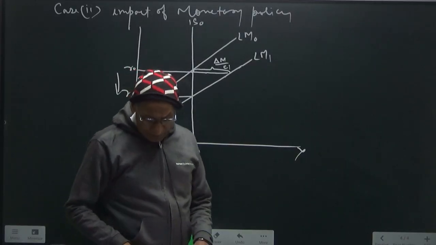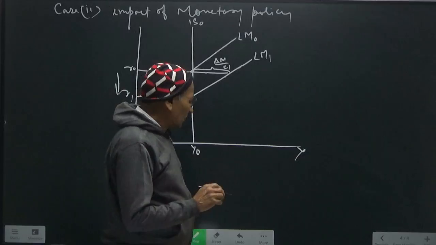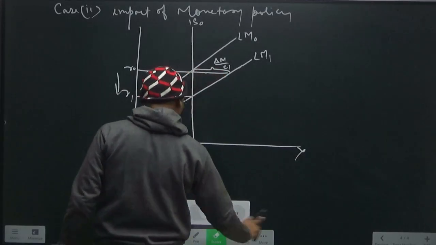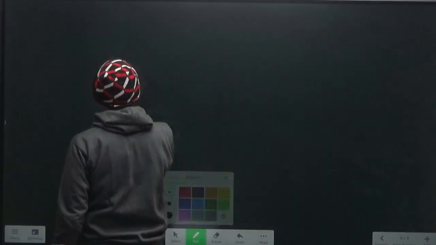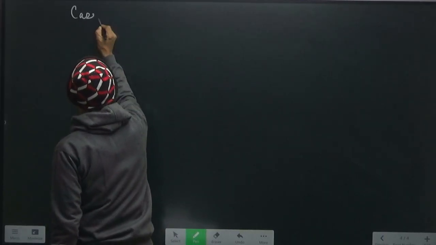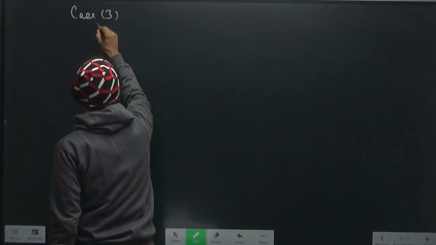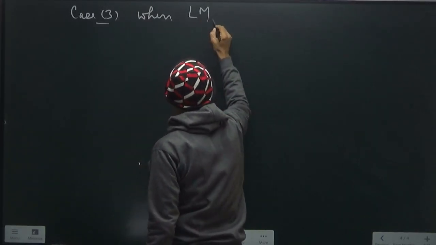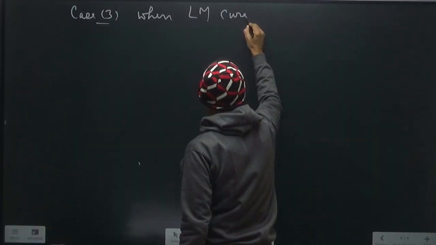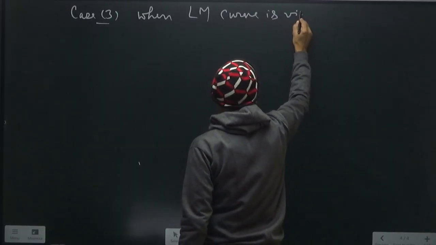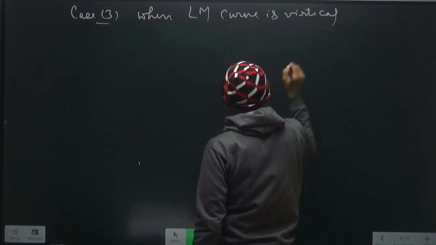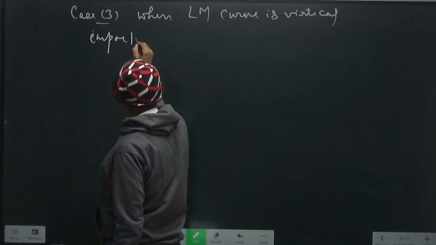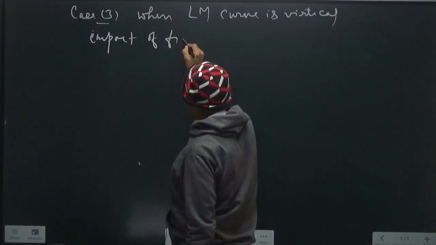Now we have to see case 3, when LM curve is vertical, impact of fiscal policy.